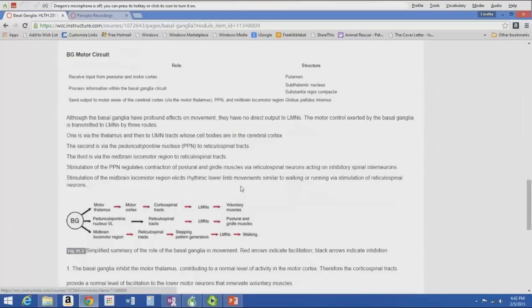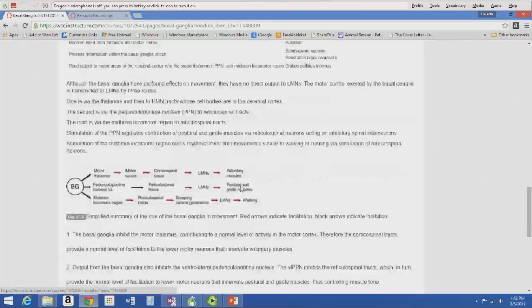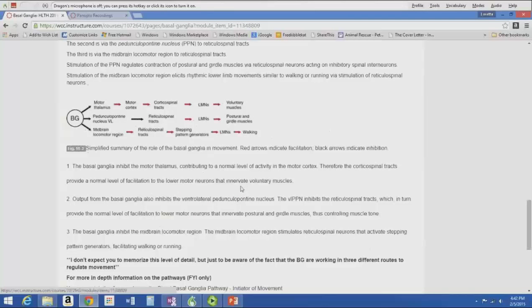So there's a little diagram, and this is figure 11.3 in the book, which just sort of simplifies. It shows the 3 tracks by which the basal ganglia play their role in movement, and they can either facilitate or inhibit actions. And so the red arrows in the diagram are facilitating and the black arrows are inhibiting.